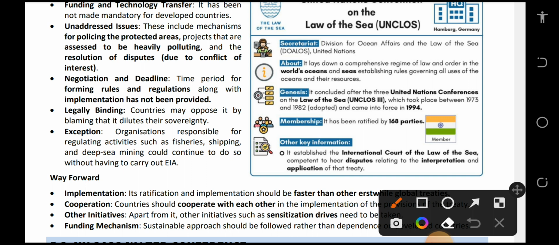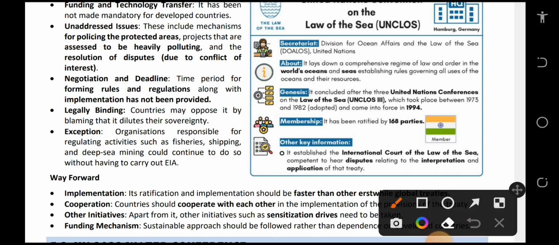It lays down a comprehensive regime of law and order in the world's oceans and seas and establishes rules governing all usage of the oceans and their resources. Genesis: it was concluded after three United Nations Conferences on the Law of the Sea, which took place between 1973 and 1982, and it was adopted and came into force in 1994.